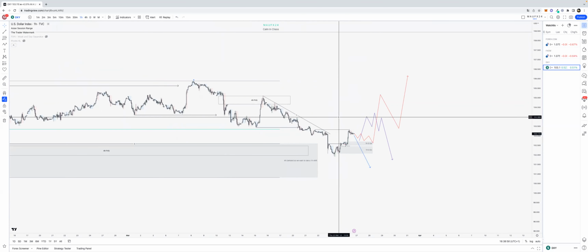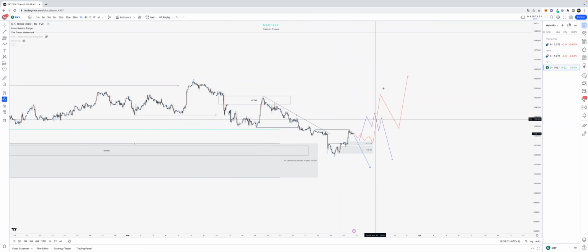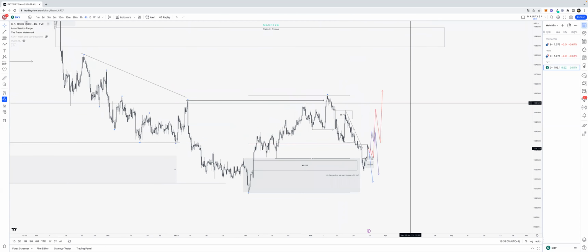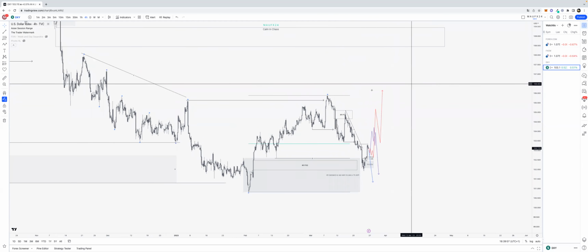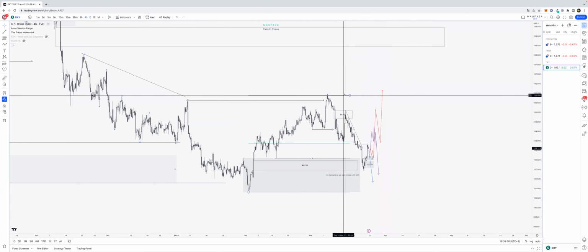I have more data, so I can base my future decisions on more data, aka higher possibility. So I don't need to care about what happens after this high is being taken.